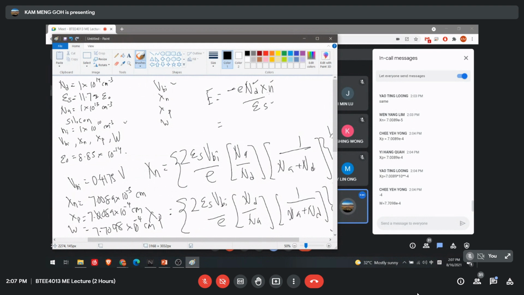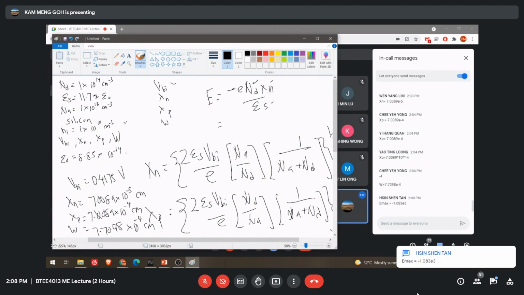Okay, what's your Emax? What do you get? Okay, so you get 1.083 times 10 to the power 3. The rest of you, do you get the same answer? There's a negative value here, which represents the direction only.